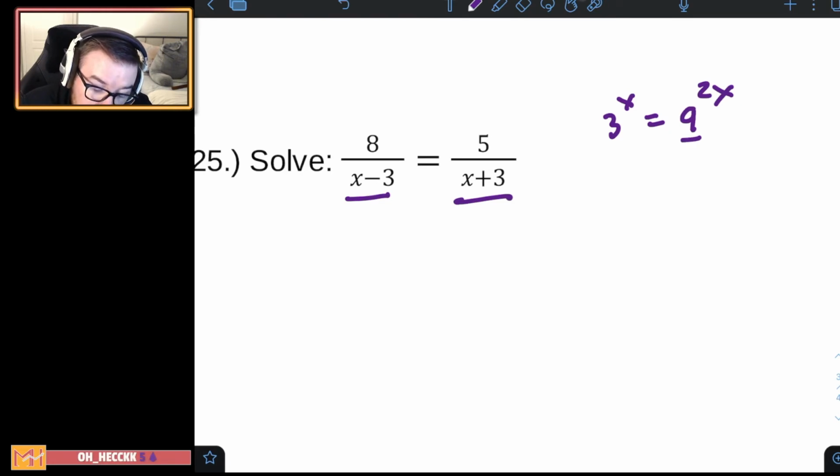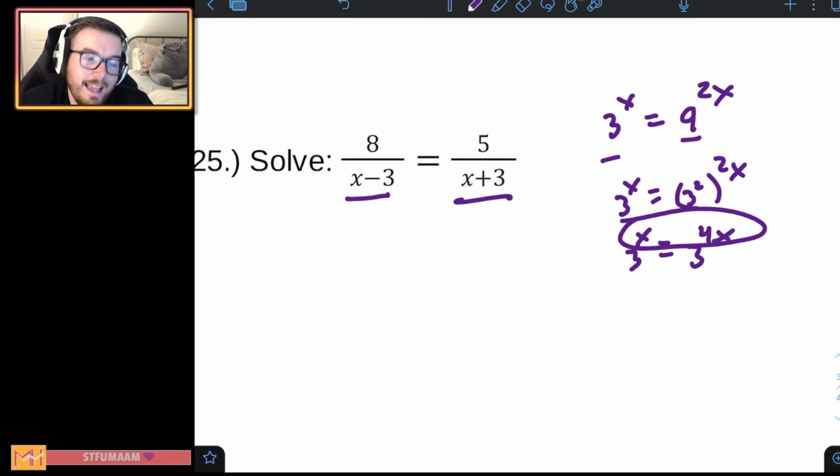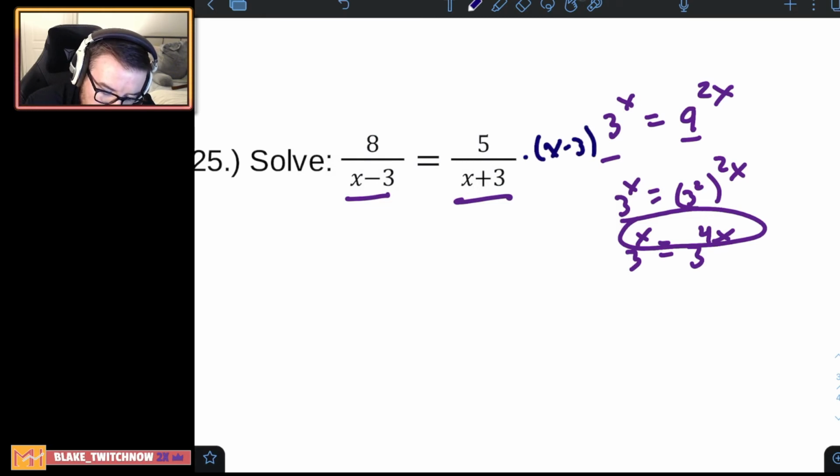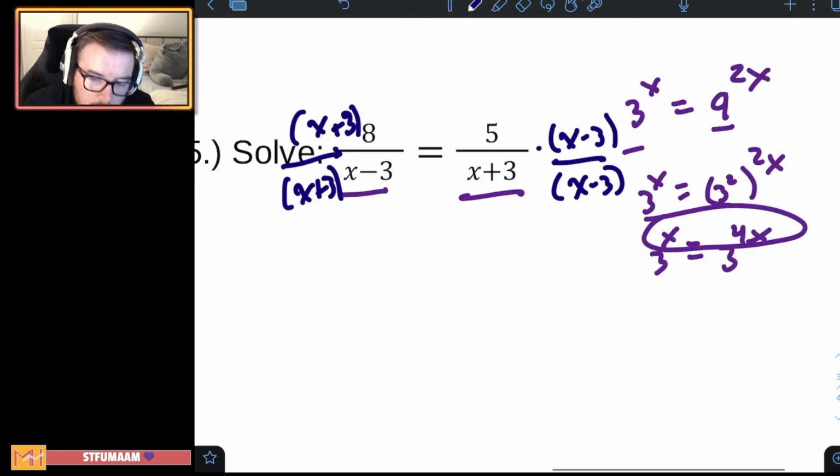If we can make the base the same, now we can just focus on the exponents. It's a very similar strategy. If we can make the denominators the same, if we can get a common denominator, then we can simply focus on the numerator. Okay? If we can get a common denominator, we can just focus on the numerators.